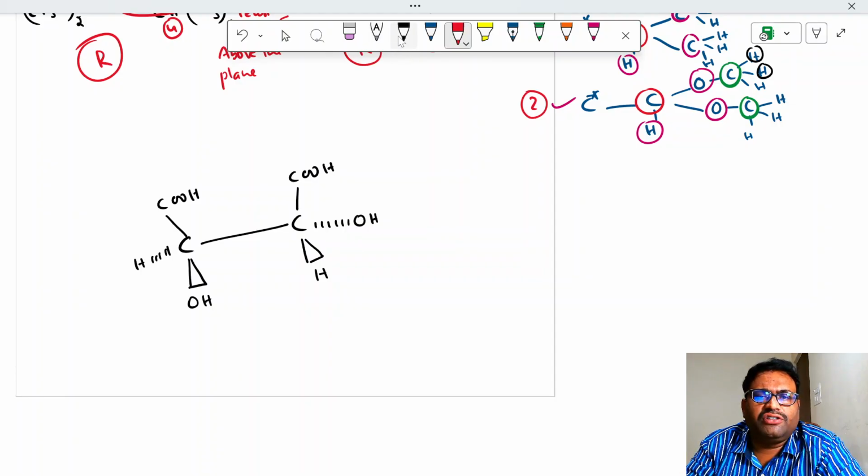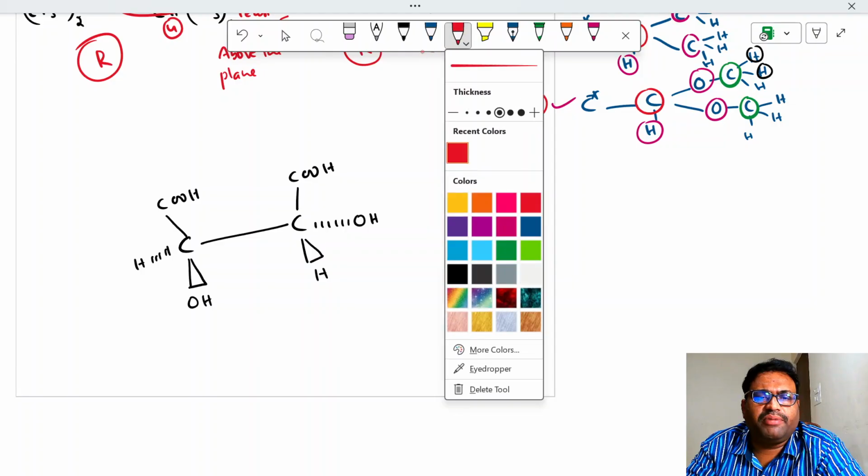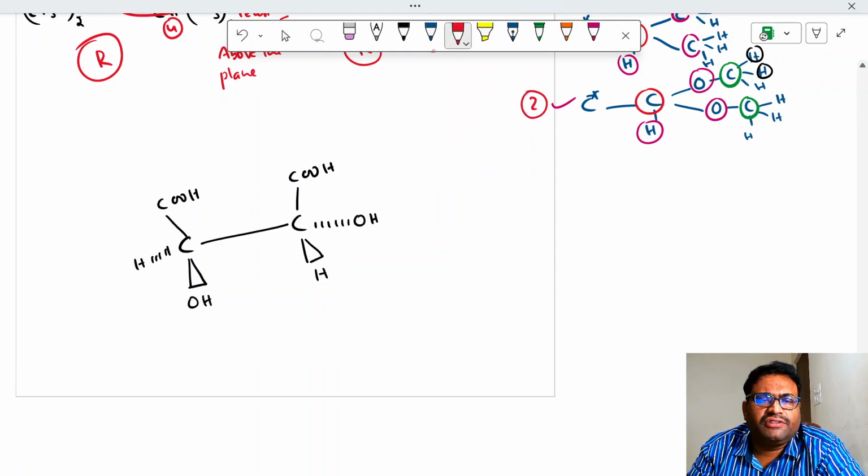Up to now you understood. I am directly giving priorities, right? So this is chiral. This is chiral. I am giving priority 1. After C you have double bond O, so I am giving it the second priority, and this group as the third priority.